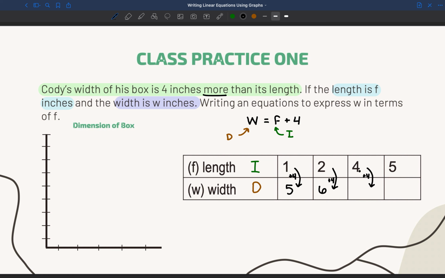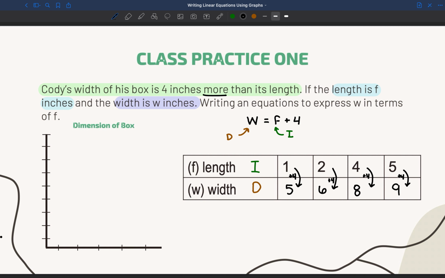So whenever the length is 4 inches, we have to add 4, and it would give us our width, which would be 8. And then we have 5, whenever the length is 5, plus 4, which would give us our width of 9. So we've created our linear equation, identified the independent, dependent variable, and we have created our chart.